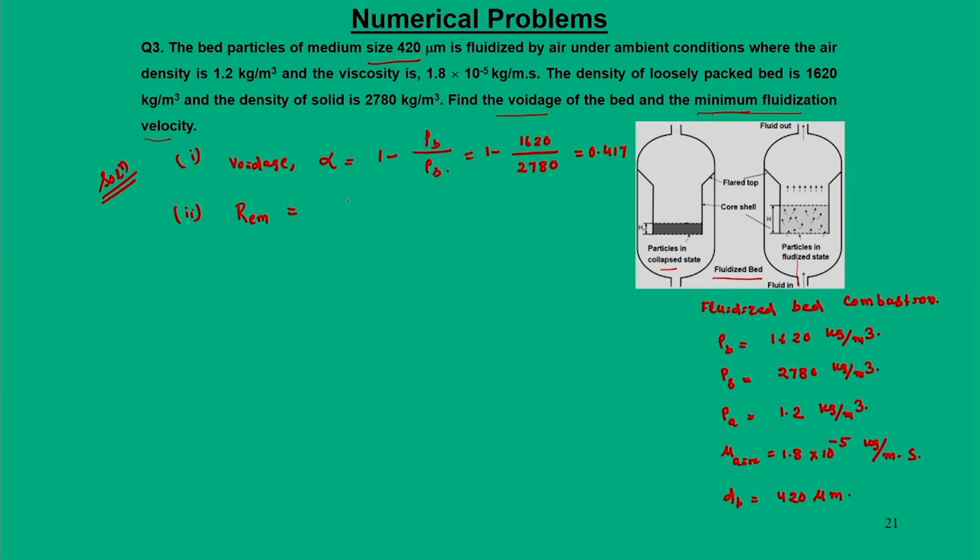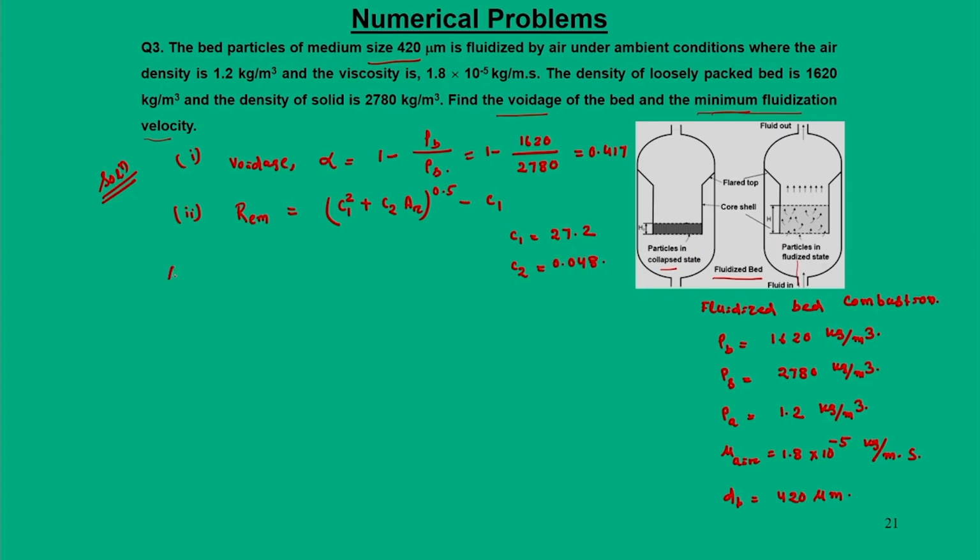If you recall our previous lectures, the expression for the Reynolds number was written as (C1 square plus C2 into AR) to the power 0.5 minus C1, where AR stands for the Archimedes number. The data for C1 is taken as 27.2 and C2 is equal to 0.048.